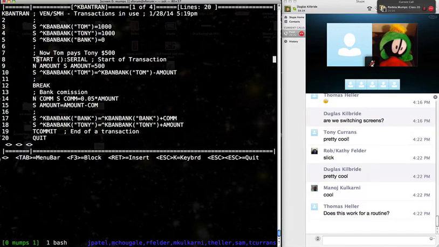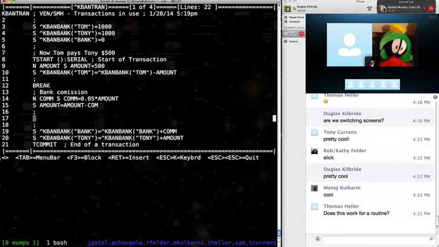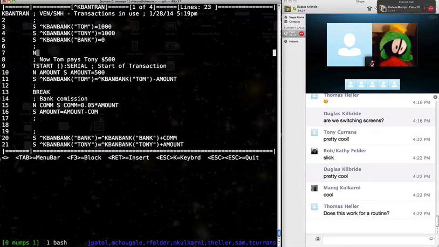So the first thing I actually want to talk about is, let's add one more command. Usually when you're doing transactions, you might encounter an error in the middle and you have to restart the transaction.